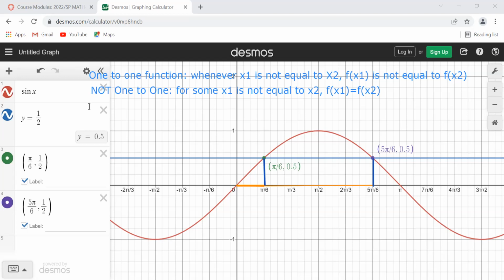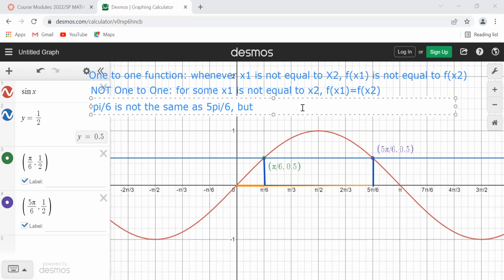You can say that although pi over 6 is not the same as 5 pi over 6, sine of pi over 6 is equal to sine of 5 pi over 6. So we have a violation.